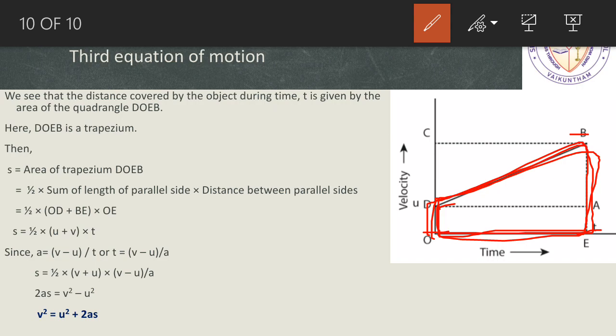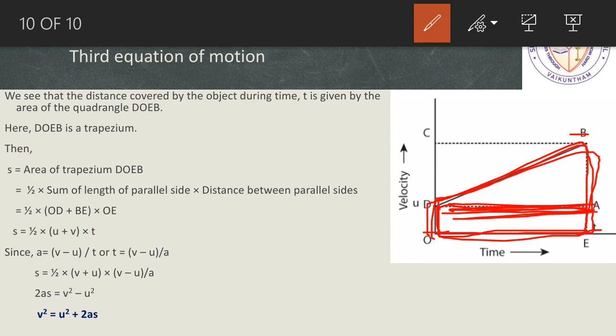So when you put it in the formula, it will be half into OD plus BE into the distance between the parallel sides, that is nothing but OE. Okay. So we know that OD is nothing but the initial velocity U, and BE is nothing but V, and OE is T.